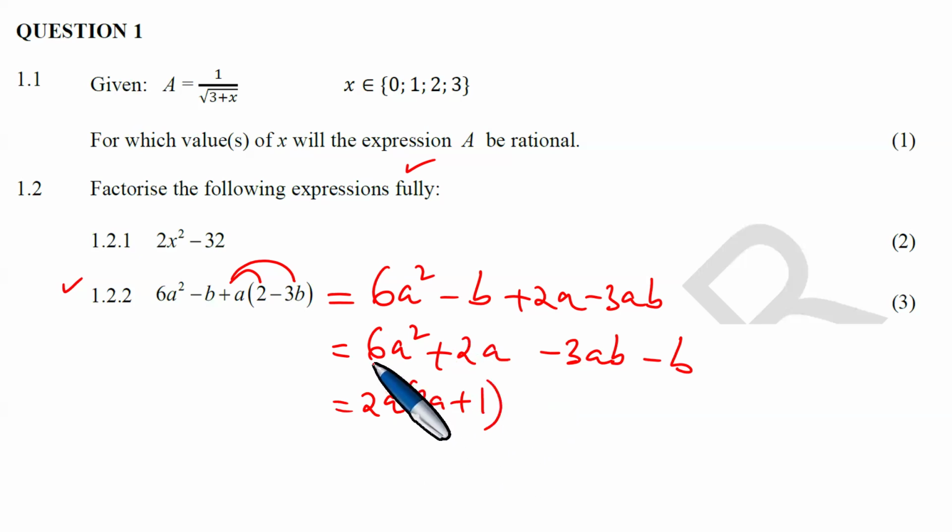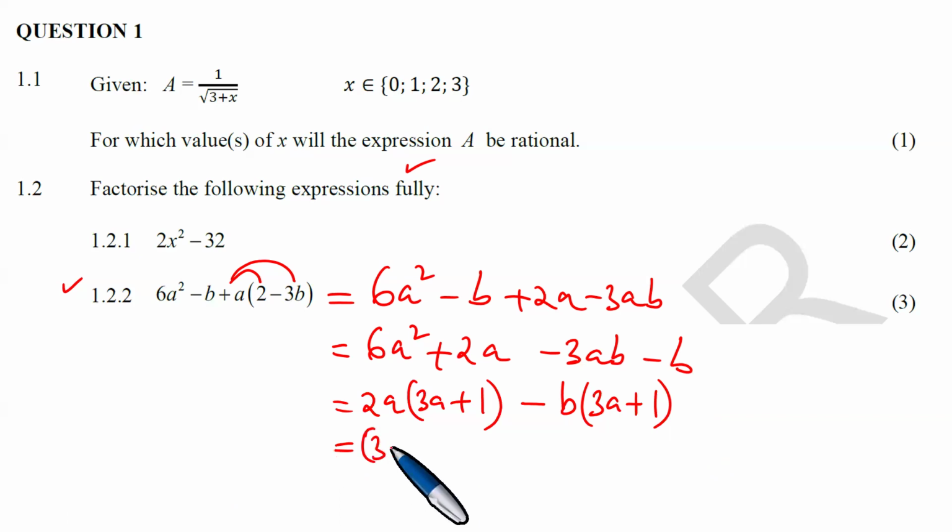If you factor out 2a, you divide 6 by 2, you get 3. And then out of a squared, you take out 1a, you're left with 3a. And then here you take out b, in which case you're left with 3a and 1. You get the point. And then you take out the common factor 3a plus 1.